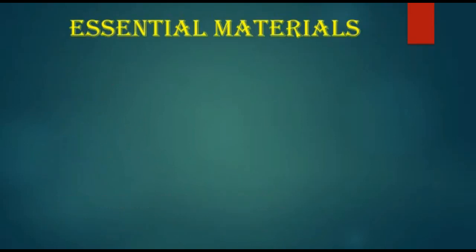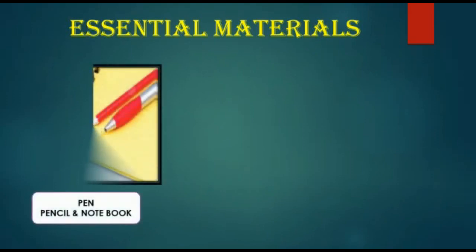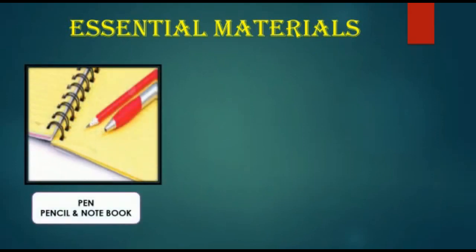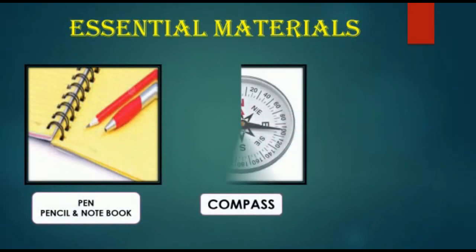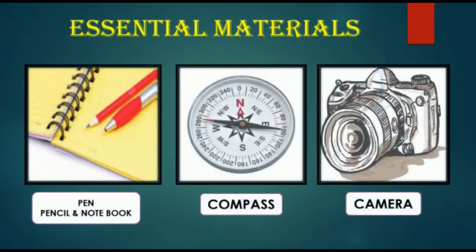Let's take more information about essential materials. Here you can see pen, pencil and notebook, compass and camera. We require pen, pencil and notebook for writing the information. Compass to know the direction of that particular place.